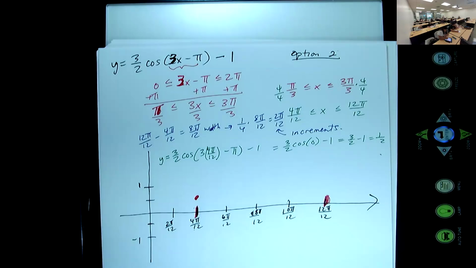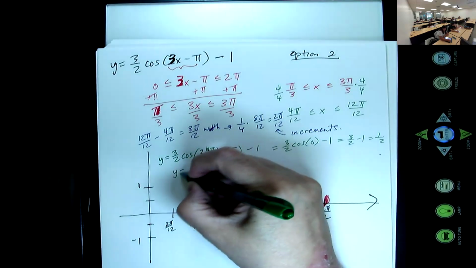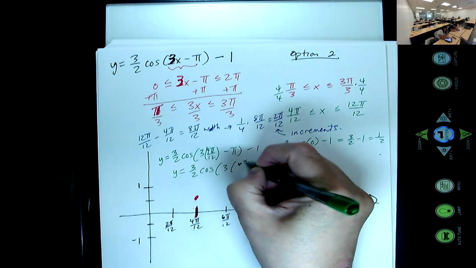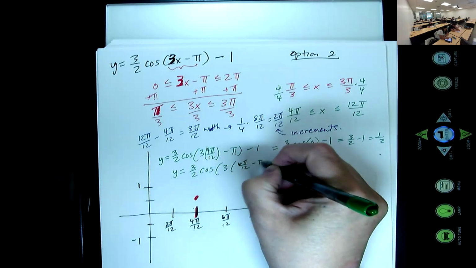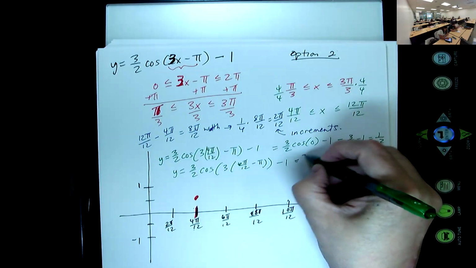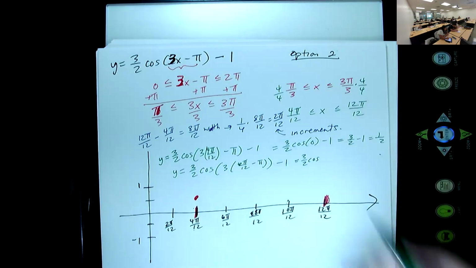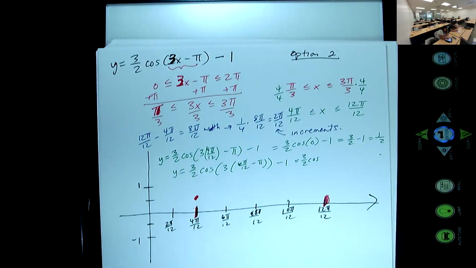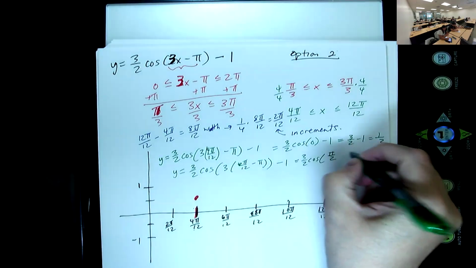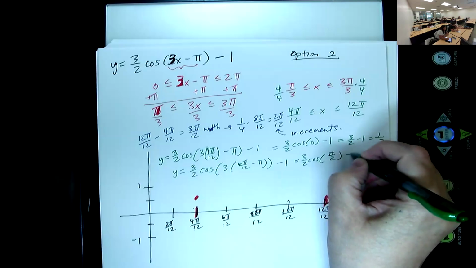Then we've got to do the next one, plug in 6 pi over 12. This is 3/2 cosine of 18 pi minus 12 pi, which is pi over 2, minus 1.